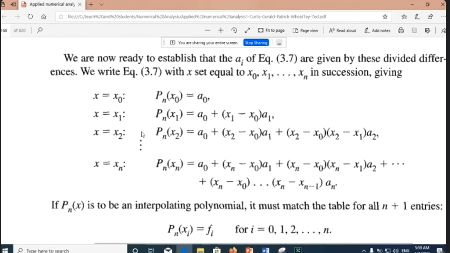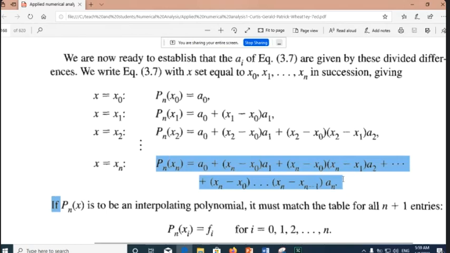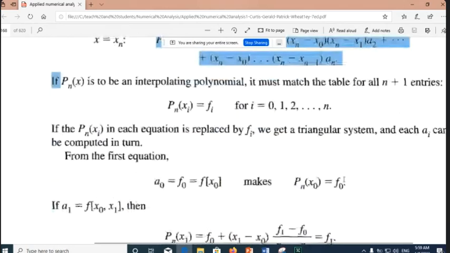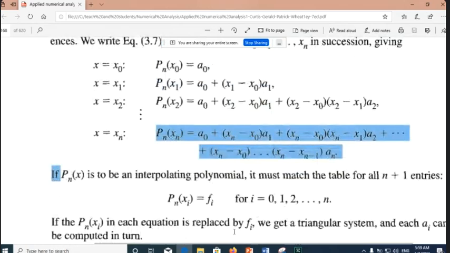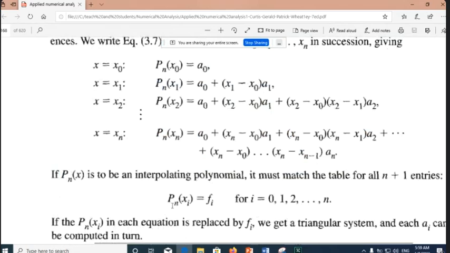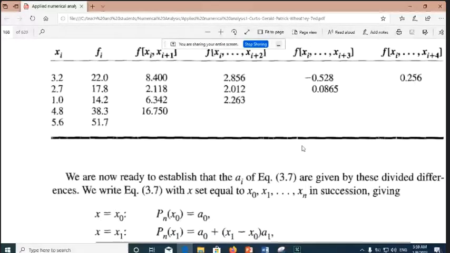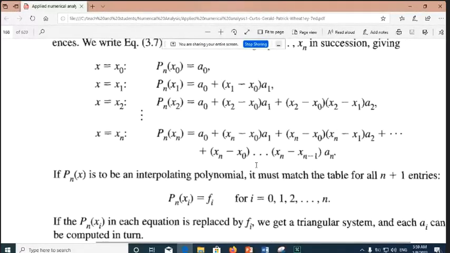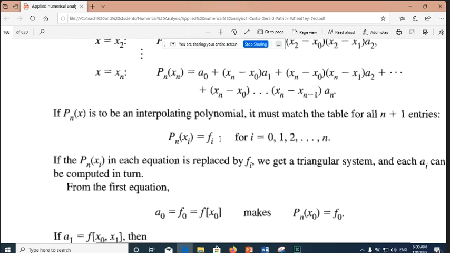For 3 points, the interpolated function is this, these polynomials. And it is very clear that the value of interpolation at point xi is equal to fi, as we have this by simply substituting x by xi. We can easily get the value of Pn as fi.